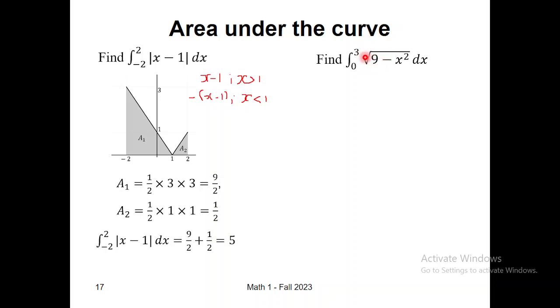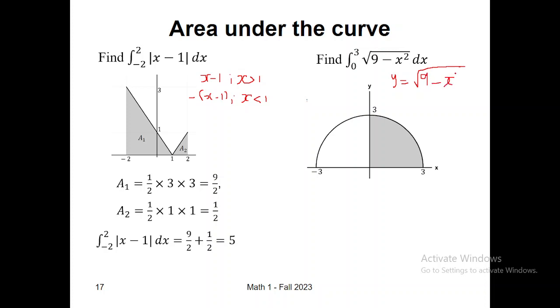So we can solve this problem by applying a similar idea. Now this function, y equal root of 9 minus x squared, represents the graph of a circle, actually the upper half of this circle, because if you square both sides, you get y squared equal 9 minus x squared, which can be written as x squared plus y squared equal 9.